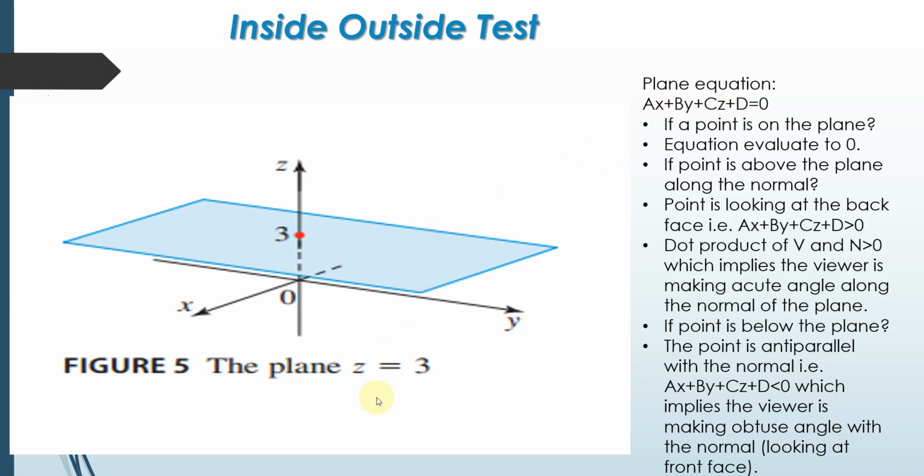In this example, A and B are equal to 0, C is equal to 1 and D is equal to minus 3, because z equals 3 is written, to compare we have to give z minus 3 equal to 0.